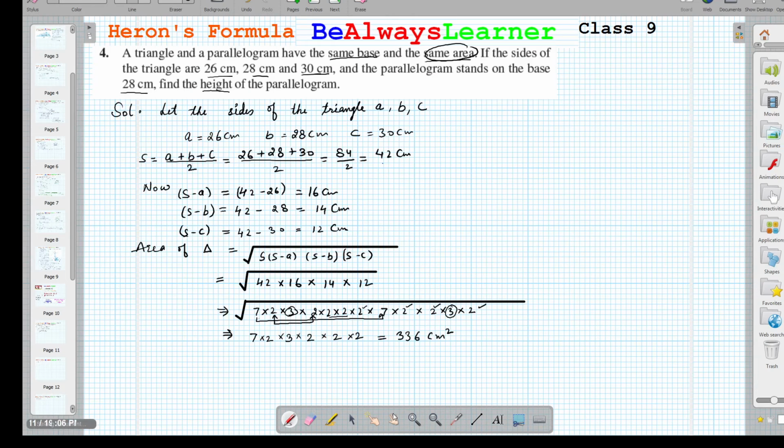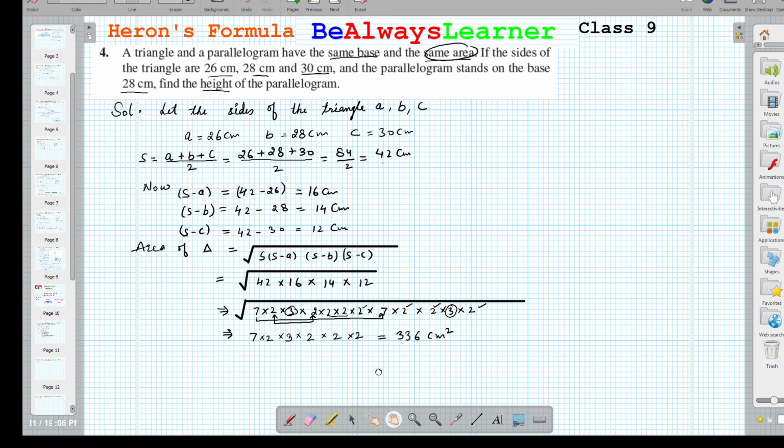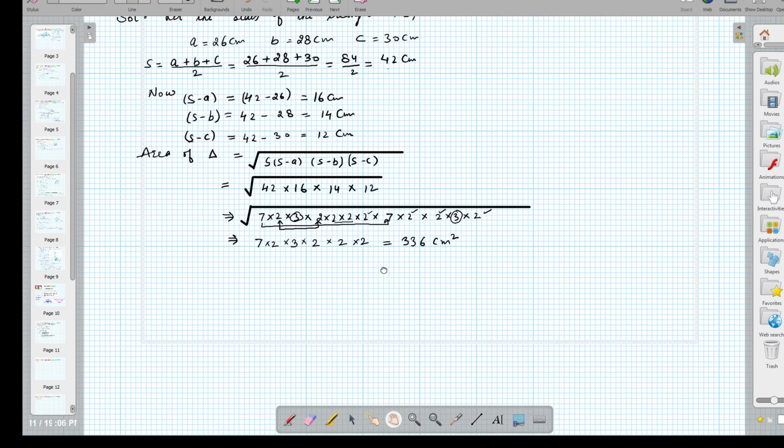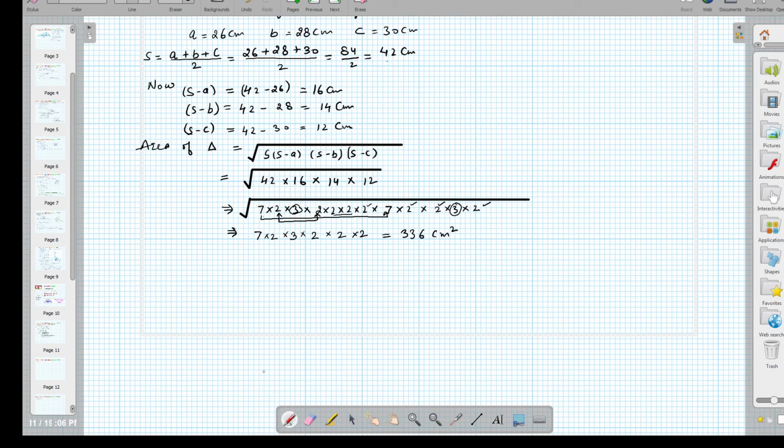So now the calculation starts for the parallelogram, right? तो एरिया कैसे निकालते हैं? फॉर्मूला क्या होता है? एरिया इज इक्वल टू बेस into height. That is the formula for finding the area of the parallelogram.